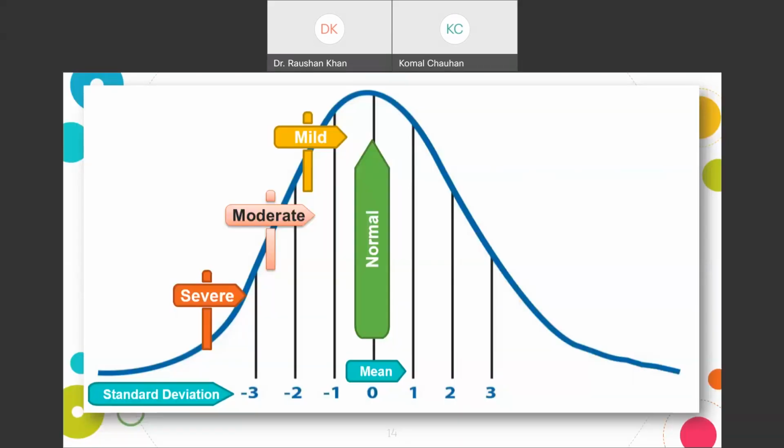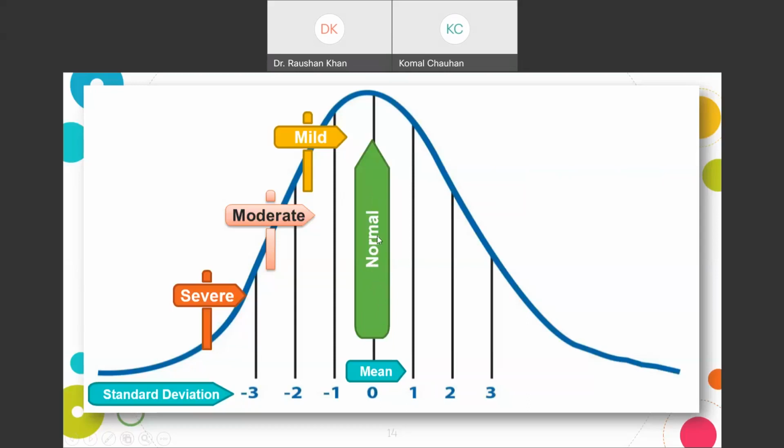See here, I have shown you this bell curve because this is the basis of how we categorize severe acute malnutrition, mild malnutrition, the normal category, obesity, overweight, and things like that. Here, as you can see my cursor moving, I hope it is visible.